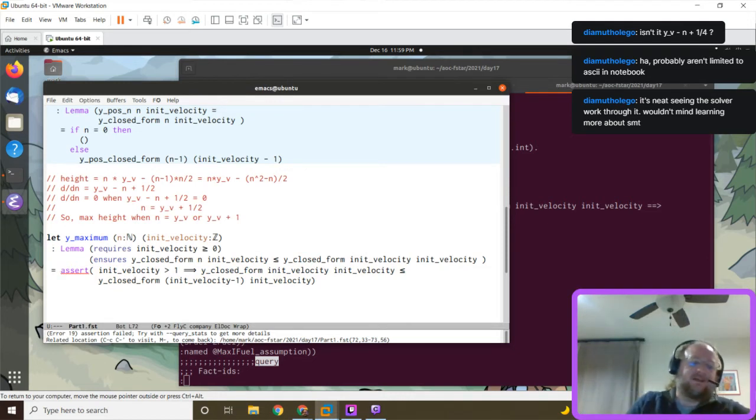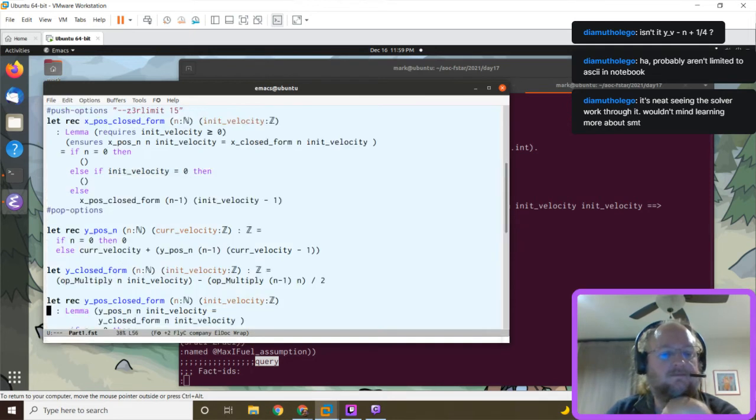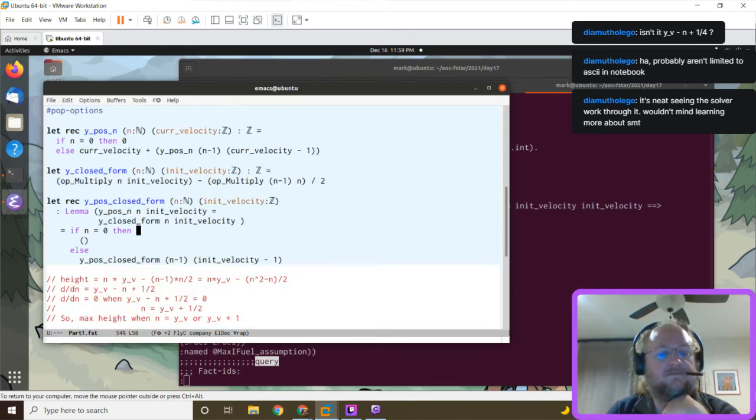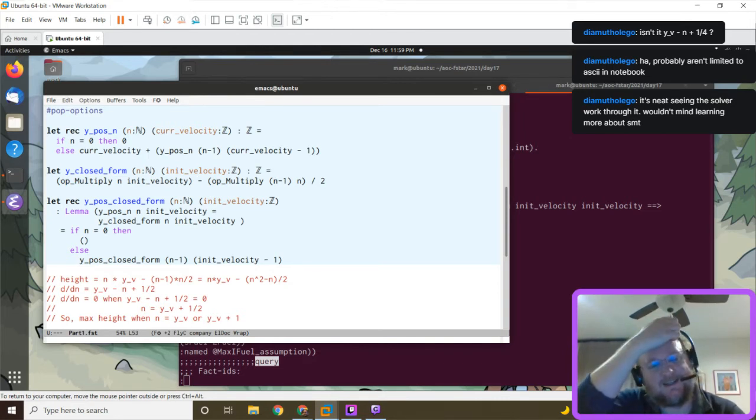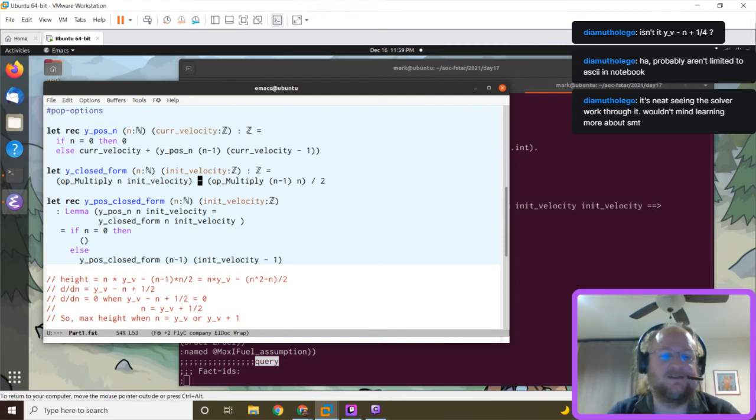All right, couldn't prove that. I mean, it doesn't do calculus. It only does integer arithmetic. But it seems like this should be something we can prove.